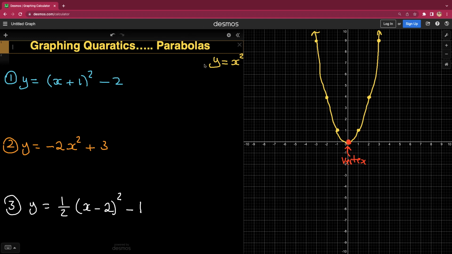Okay. So let me just do a few things here. So we know this is the x and this is the y coordinate. Now, for this parabola, the axis of symmetry is the y-axis, which is x equals 0. So x equals 0 is the axis of symmetry for this parabola.